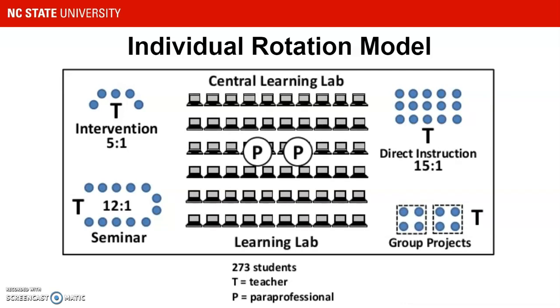While all students must be involved in the learning lab, where paraprofessionals are there to help aid and guide learning, the other stations are set up by a teacher. The Carpe Diem Collegiate High School and Middle School utilizes this individual rotation model, which is sometimes referred to as the Carpe Diem model.